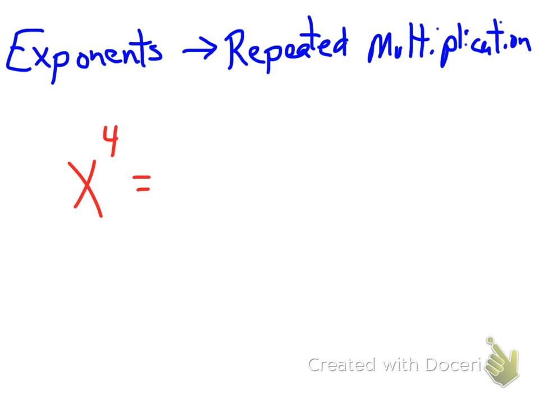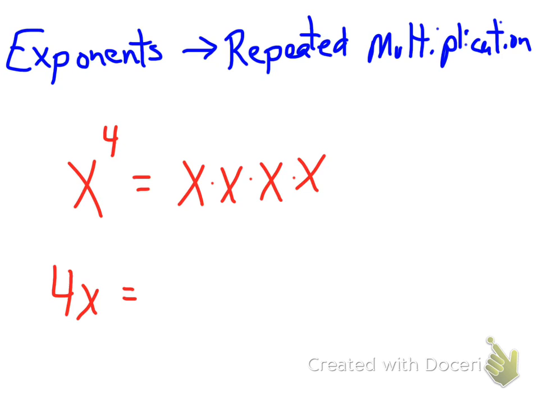That actually just represents x times x times x times x. That is different than 4x, which is x plus x plus x plus x. So multiplication is repeated addition, and exponents are repeated multiplication.